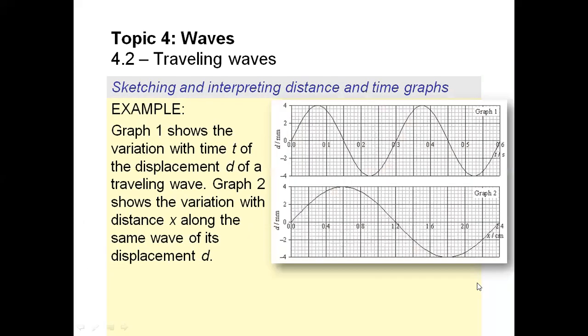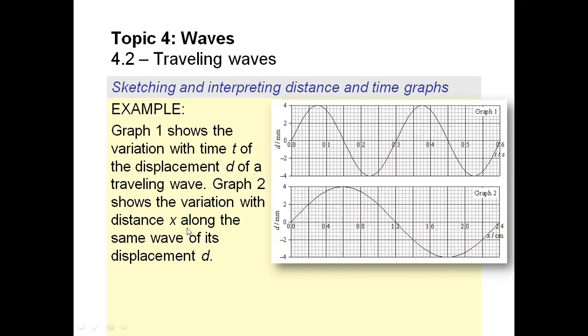Another question. Example, graph 1 shows the variation with time t of the displacement d of a traveling wave. So we are given two different graphs. In graph 1, the y-axis shows displacement and the x-axis shows time in second.